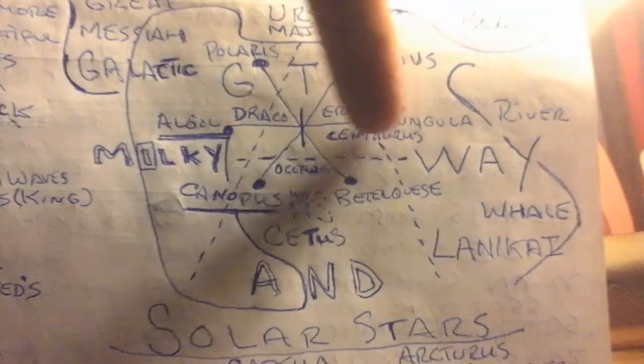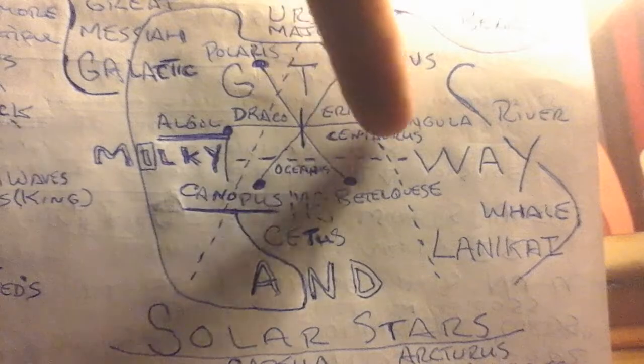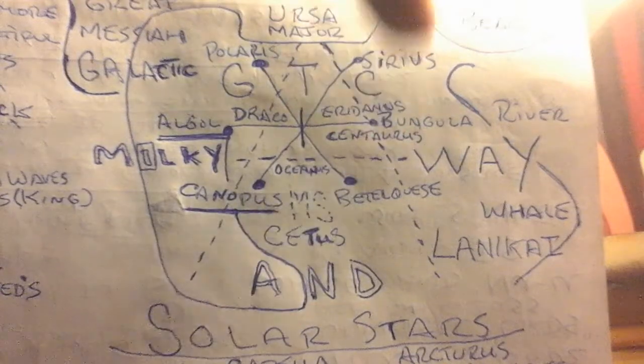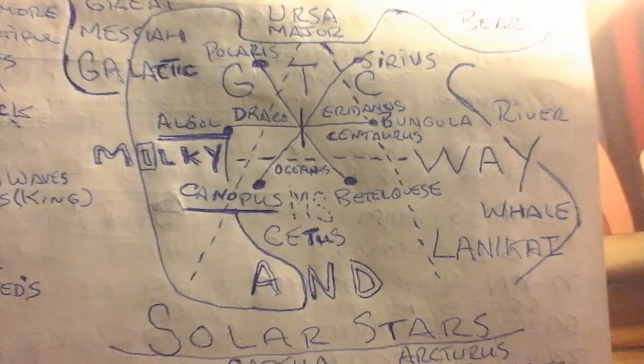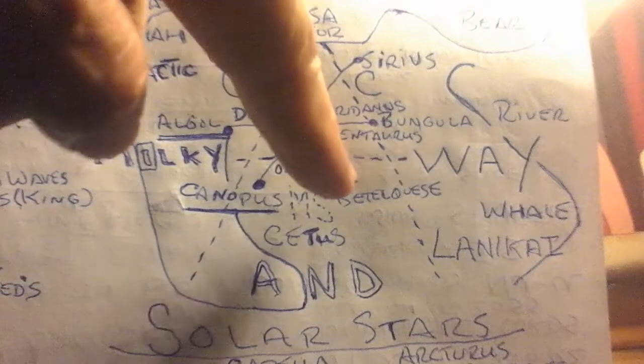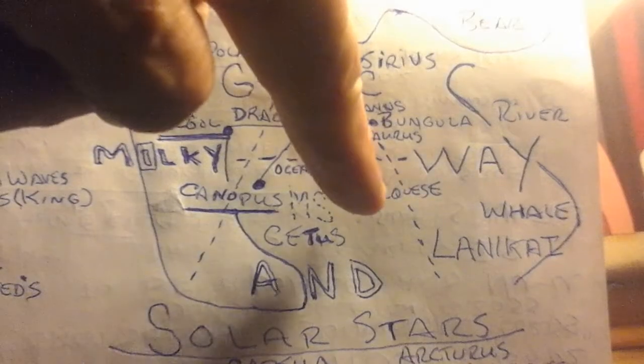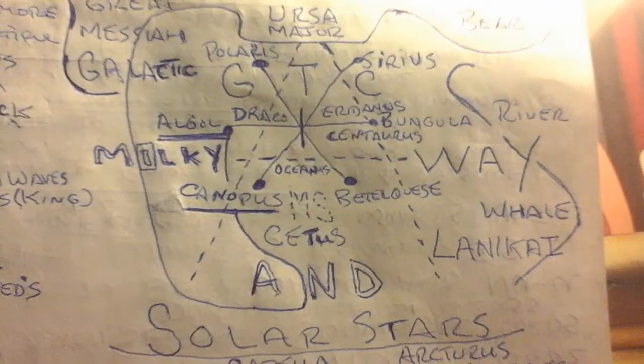The Centaurus constellation is opposite that, Alpha Centauri, where Bungala is. These are very bright stars. Algol is a red giant. Betelgeuse is a yellow giant, I believe, or orange giant at 29 Gemini.